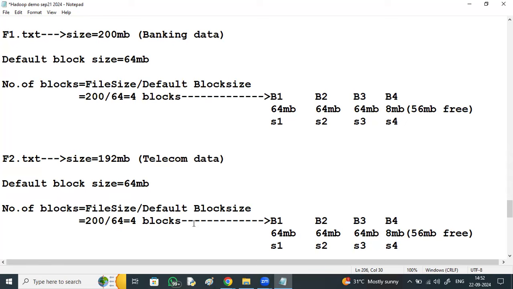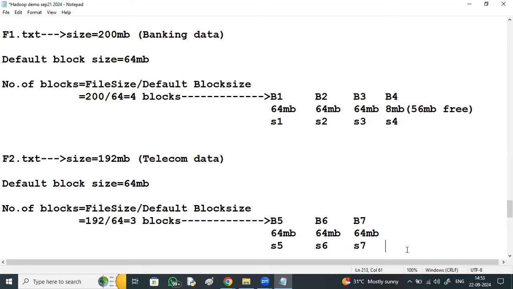The number of blocks is the file size by the default block size: 192 by 64, exactly 3 blocks. Here B5 is in system 5, B6 in system 6, and B7 in system 7. This block is not required; it is not available.